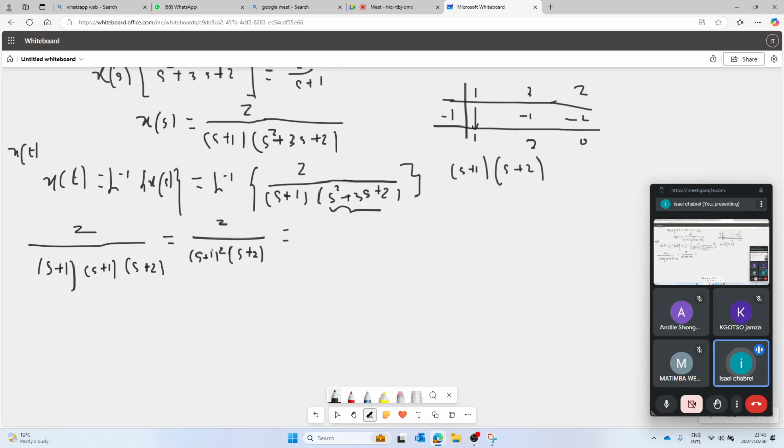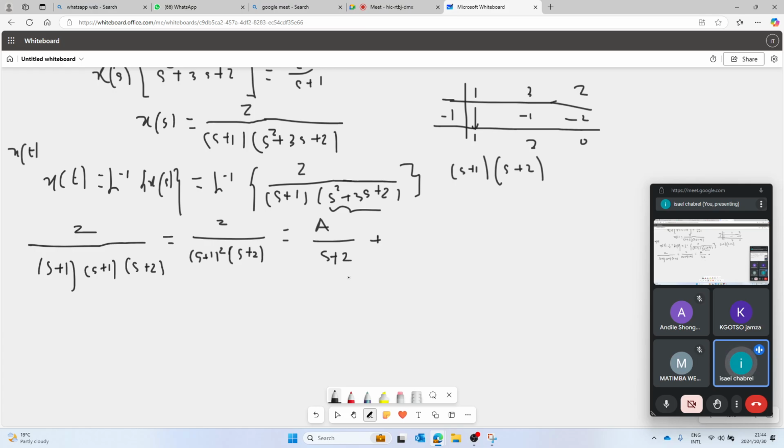If we want to write this in terms of partial fractions, let me say I have A over s plus 2 plus. Now, in this case, what is this one here? Yeah, you're right, Mr. Kotso. You're going to say plus B over s plus 1, then C over s plus 1 squared.